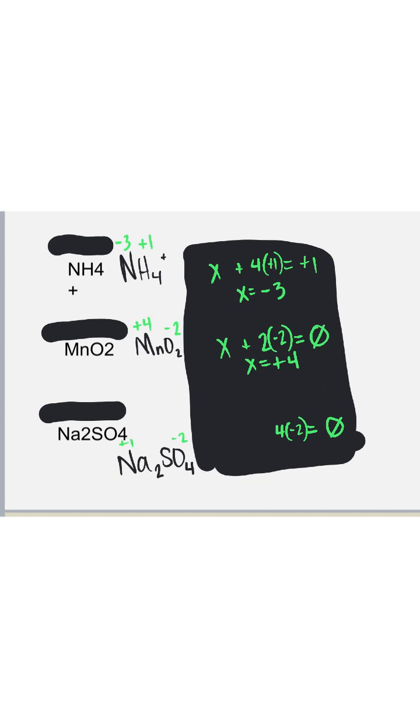I missed that. So I have 2 +1s, and then I have my sulfur, which I don't know the charge for. So the 4 -2s gives me a -8, and the 2 +1s gives me a +2. So right now I'm sitting at a -6, because +2 plus -8 is -6. So that means X needs to be, in order to get to 0, a +6. So sulfur is a +6.